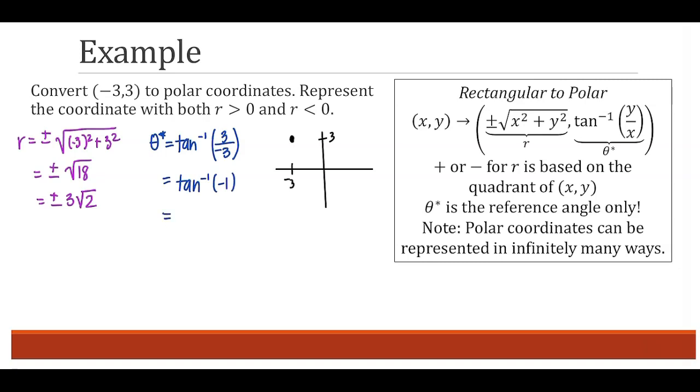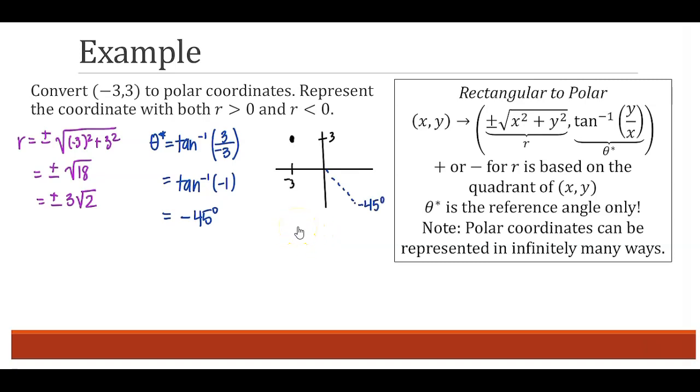Now, tangent inverse of negative 1 is exactly negative 45 degrees if I use degrees, or negative pi over 4 if I use radians. So negative 45 degrees is actually down here in quadrant 4, because tan inverse is restricted to quadrant 1 or 4. So down here is my negative 45 degrees.